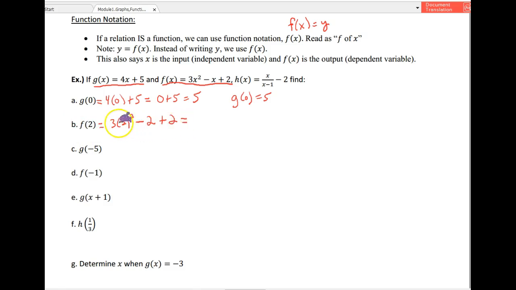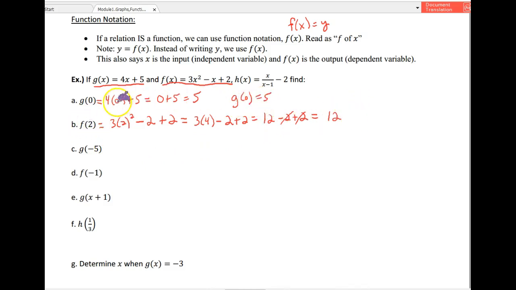Following order of operations, I'm going to square first. So 2 times 2 is 4. And 3 times 4 is 12. And then, we could have done this a long time ago, but minus 2 plus 2, that is 0. If I subtract 2 and I add 2, I've added nothing. So overall, this is 12. So f of 2 equals 12.